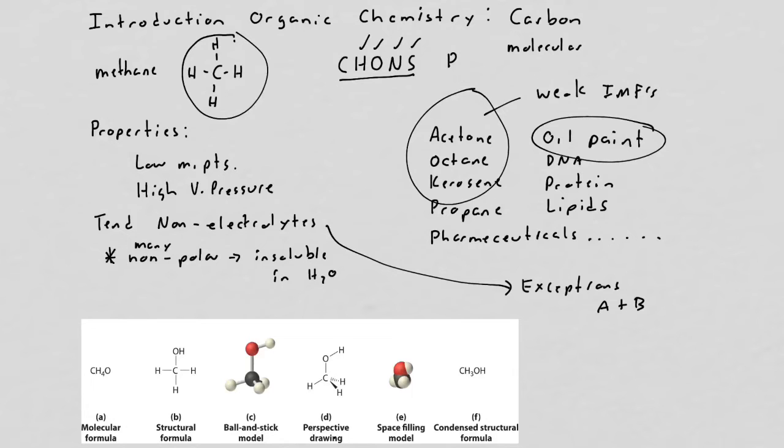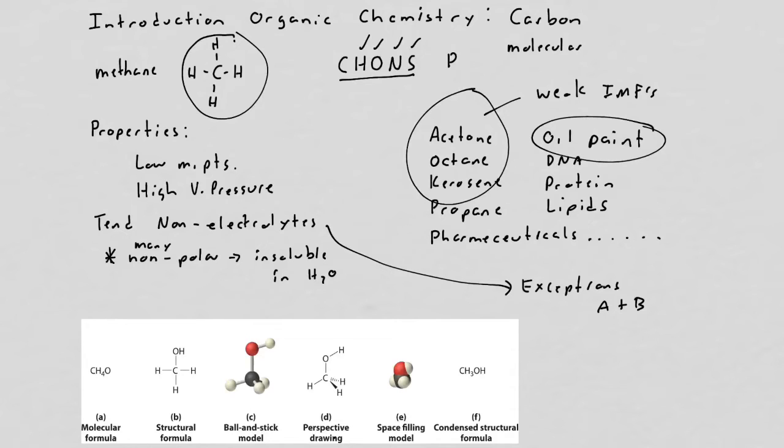So you might have heard oil and water don't mix. That's because oil is a nonpolar organic molecule, right? Oil paint does not mix with water, right? If you want to clean your oil paint off your brushes, you have to use a solvent that is not water, okay? Whereas some paints you can use water to clean off the brushes. It has to do with what the paint is. Is it a polar or nonpolar solvent that's in the paint?